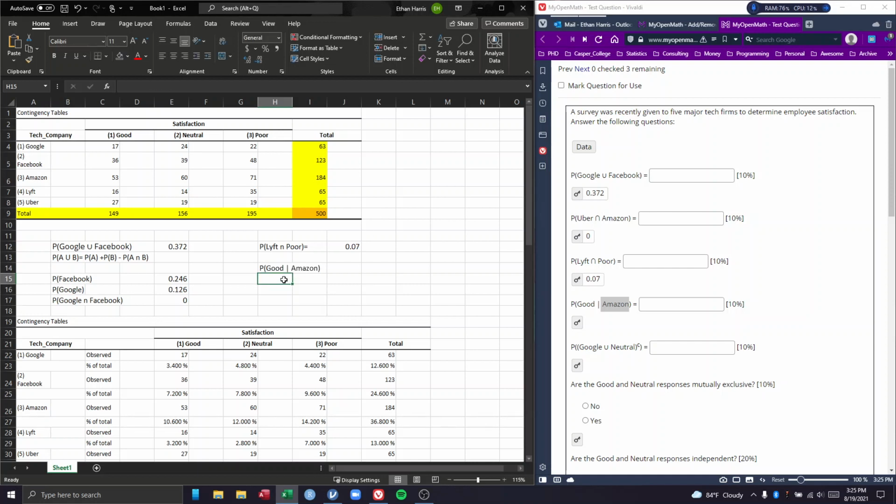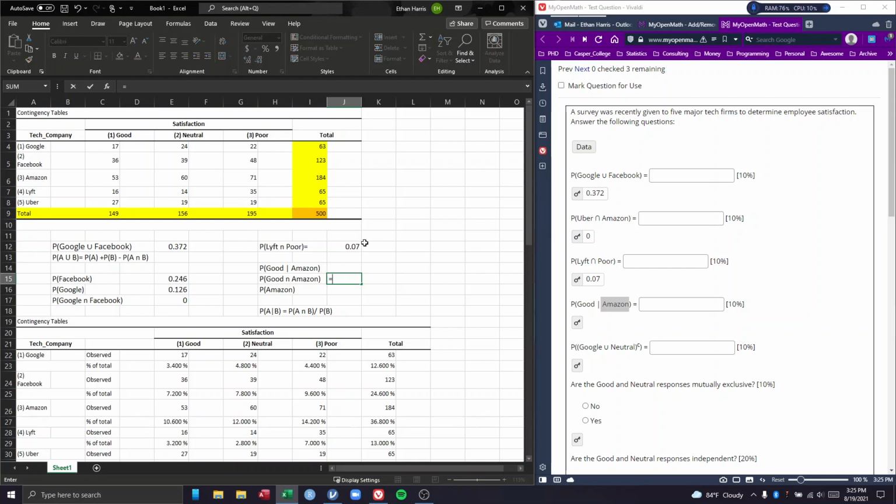And if we type it out again in generic terms, it's the probability of A given B equals the probability of A intersect B divided by the probability of B. That's it generically. So if that's the case, let's go ahead and get the probability of good intersect Amazon and the probability of Amazon. Once we have those two component parts, we can divide them by each other and get what we're looking for.